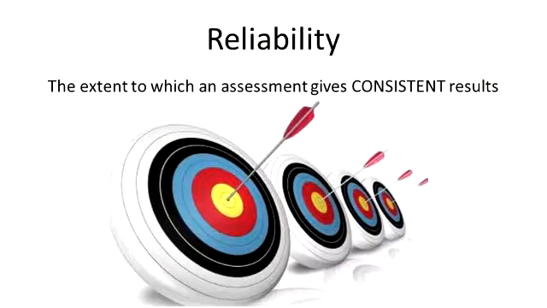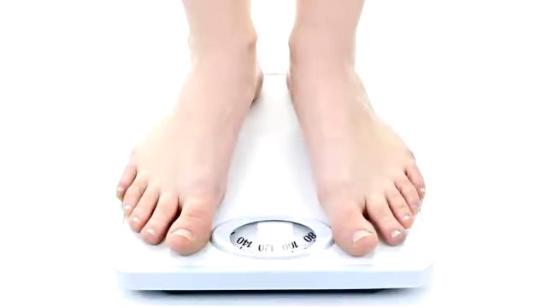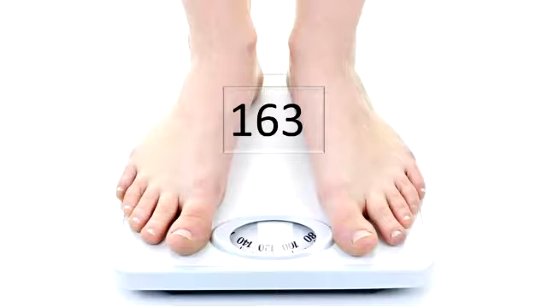Reliability, on the other hand, is if an assessment measures what it's supposed to consistently. Let me give you an example to help you understand the difference. Say you got on the scale in the morning and it told you were 163 pounds. And you get off the scale and you got back on the scale and it said you were 140 pounds.